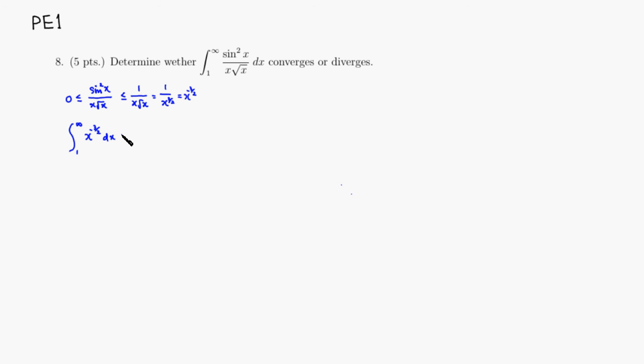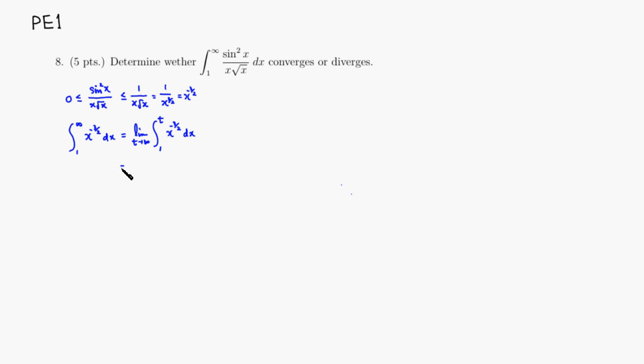The first step is to replace infinity by t, then we take the limit as t goes to infinity.